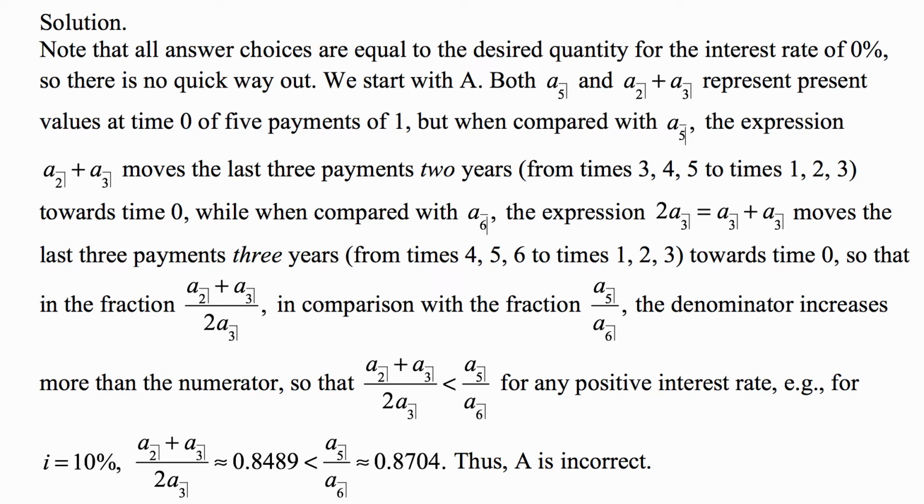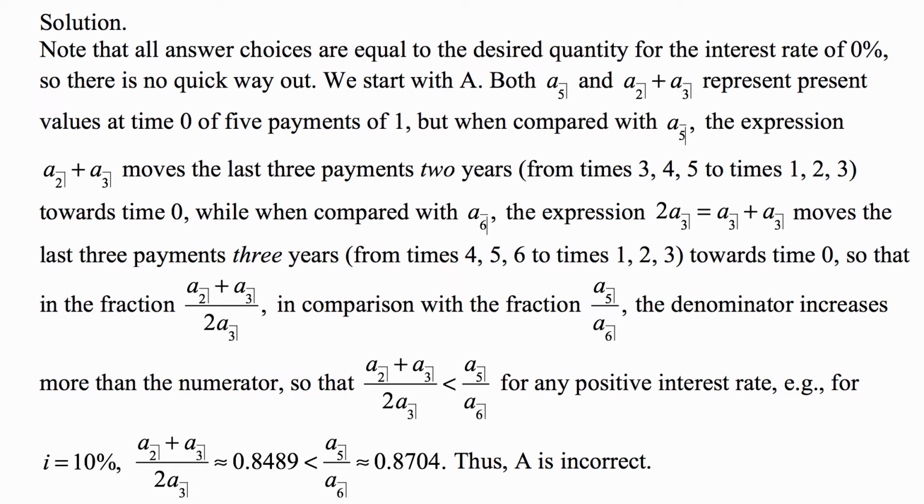So let's look at A. Both a angle 5 and a angle 2 plus a angle 3 represent the present value at time 0 of 5 payments of 1, but compared with a angle 5, the expression a angle 2 plus a angle 3 moves the last 3 payments 2 years from times 3, 4, 5 to times 1, 2, 3 towards time 0, while compared with a angle 6, the expression 2a angle 3, which is a angle 3 plus a angle 3, moves the last 3 payments 3 years towards time 0.